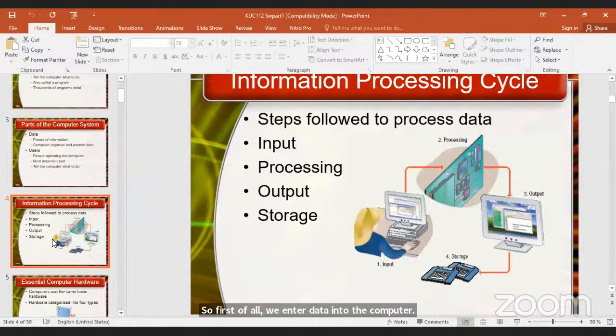Data is processed by the CPU into information. This information can be displayed on the output devices and also can be stored on the secondary memory.